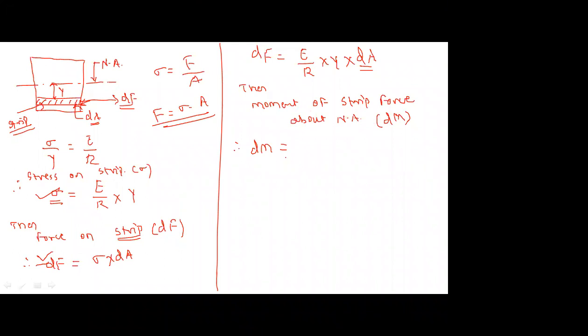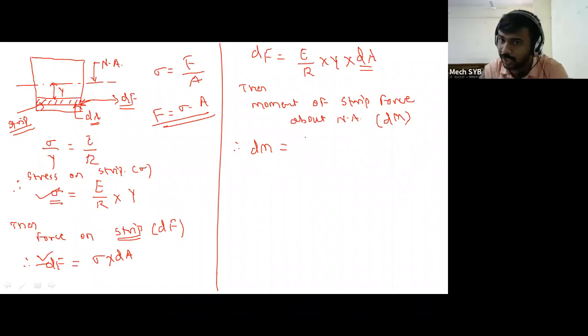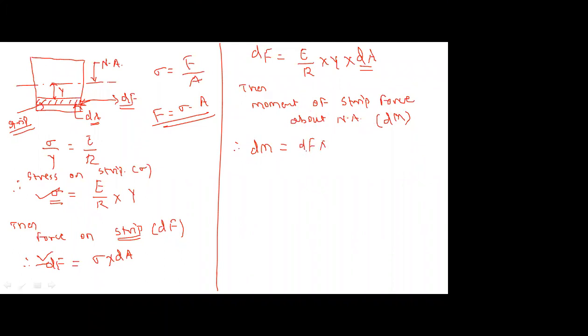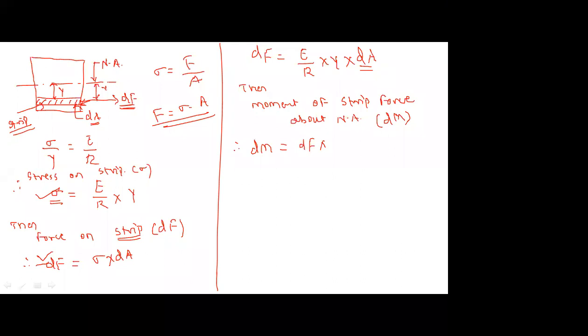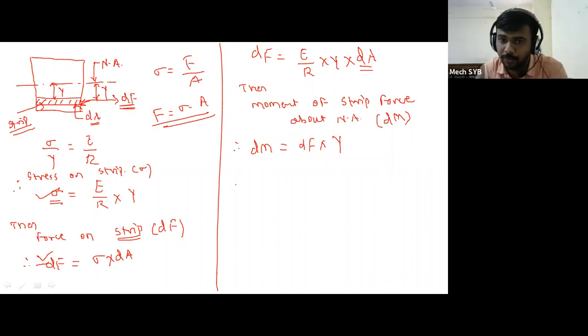Okay, so dM is equal to what is the force on the strip? dF. The distance between strip force and neutral axis काय? बघा, हा फोर्स हॉरिझॉन्टल आहे आणि ह्या दोन्हीचा डिस्टन्स म्हणजे काय? y. So it is equal to y. So we have to put the value. dM is equal to what is the force?